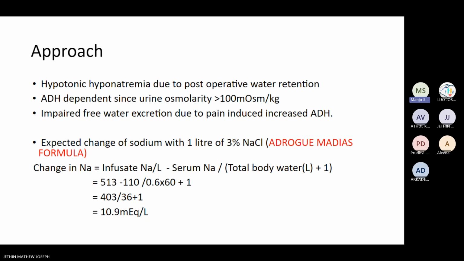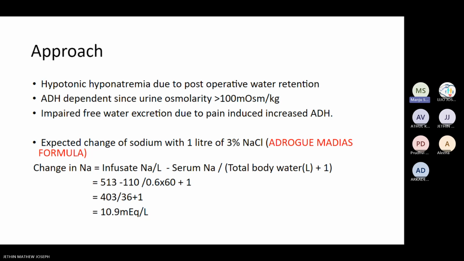Basically, it tells us the change in sodium that will happen depending on the infusate we're using. Suppose I want to give the patient 3% NaCl. I know the concentration is 513 millimoles of sodium. So for this patient with a sodium of 110, how much change do I expect? One liter will produce around 11 milliequivalents change of sodium in this patient.